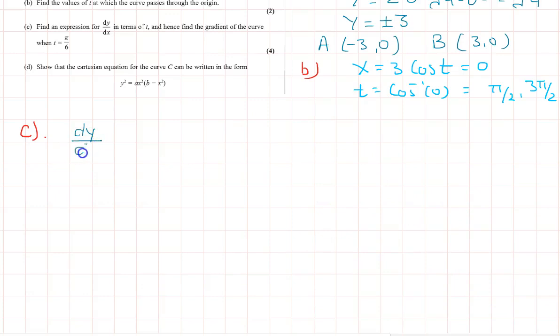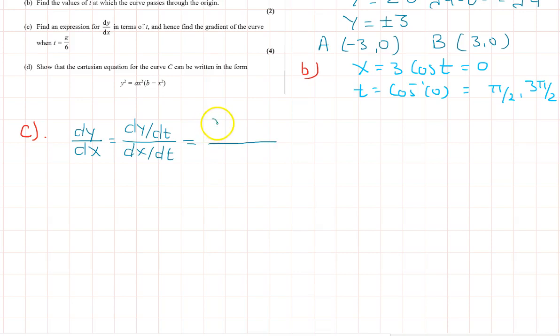We have to find dy over dx. That is dy over dt divided by dx over dt to get dy over dx. Here x is 3 cos t and y is 9 sin 2t. First we find dy over dt.